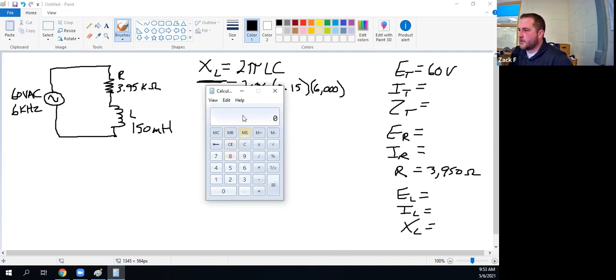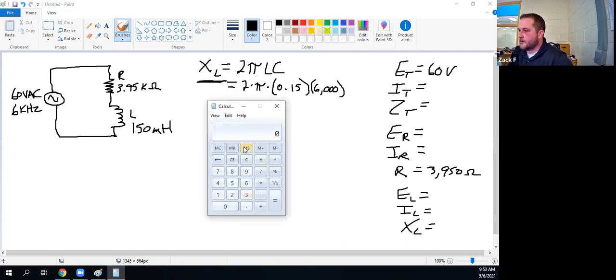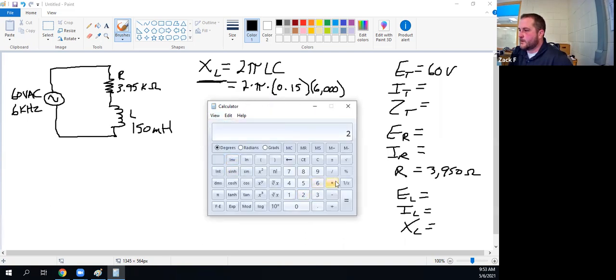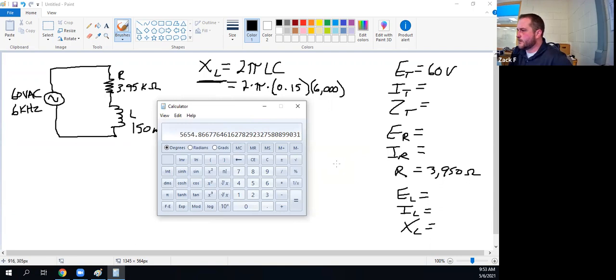So what are we getting? 2 times pi times 0.15 times 6,000 equals. We don't have to do the 1 over, isn't that nice? 5,654.87. And what's the unit?